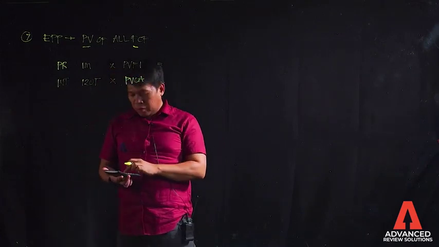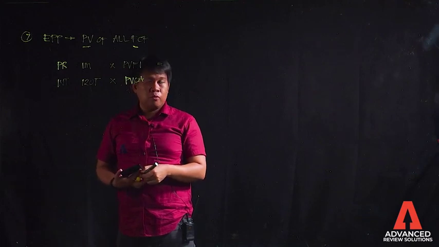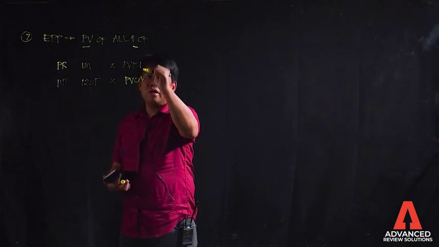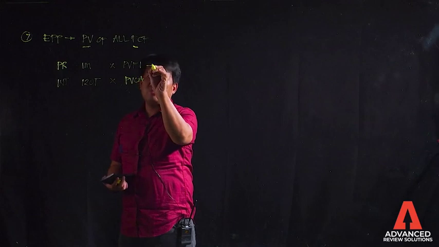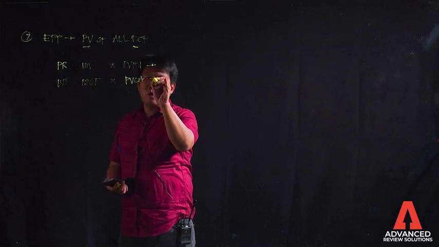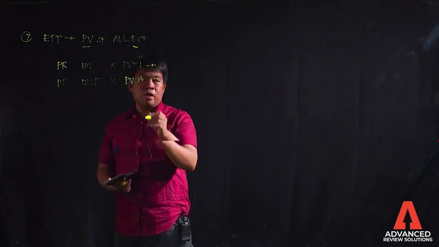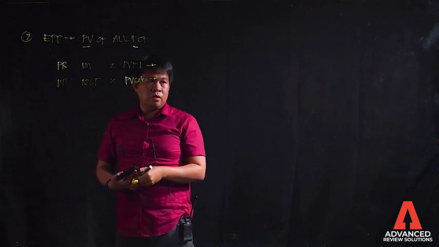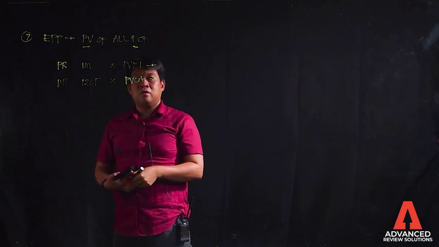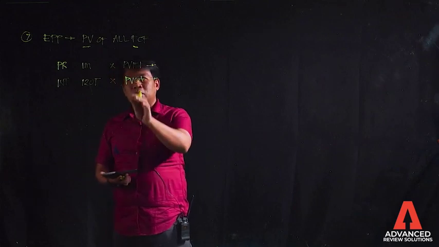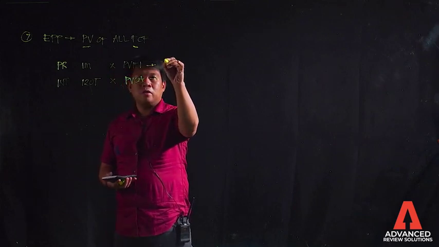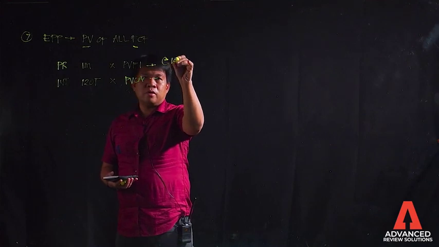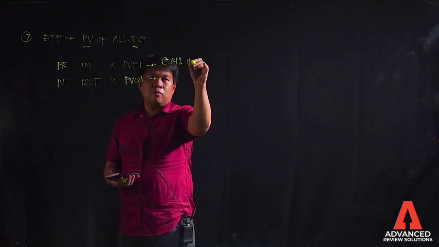So, the effective rate in this problem is 14%. So, we will be getting here, first, the present value factor of 1, and the present value of an ordinary annuity at 14%, and n is equal to 3. Okay? So, let's compute for the present value factor of 1 at 14%, and n is equal to 3.